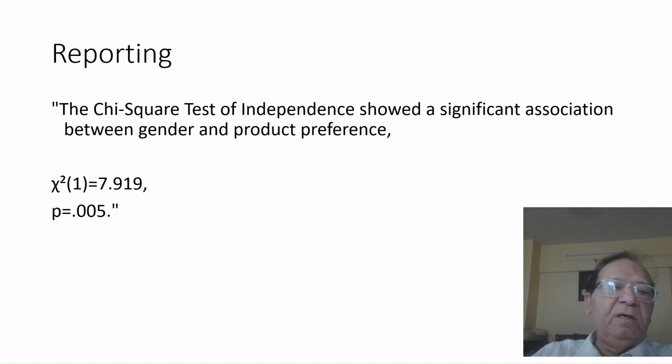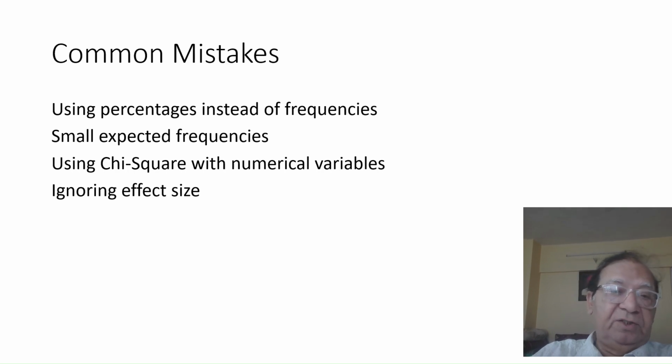Such reporting provides readers with both statistical significance and the practical importance of the findings. Common mistakes: using percentages instead of frequencies, using chi-square with small expected frequencies or numerical values, and ignoring effect size. Now let us see the decision tree again.